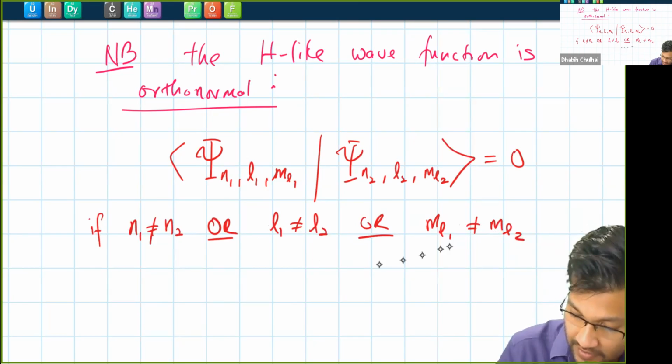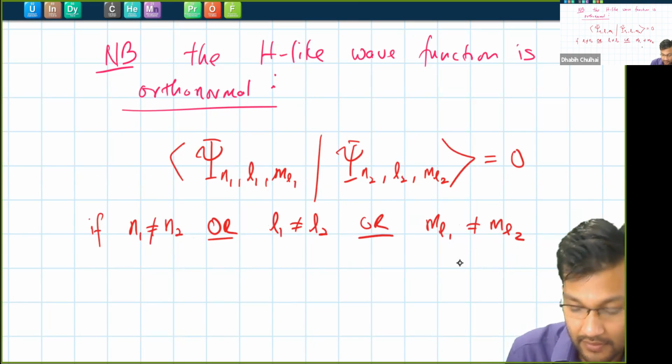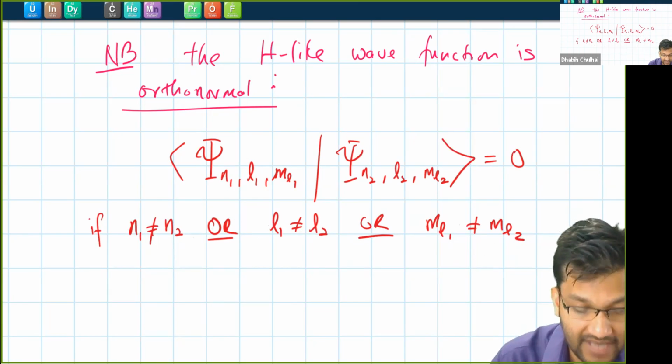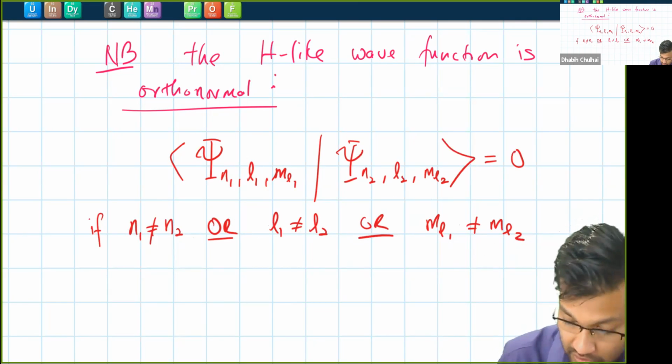So if any of those numbers are different, this whole thing integrates to 0. And that's just the fact that wave functions, when we solve for them, are orthonormal, or should be orthonormal.